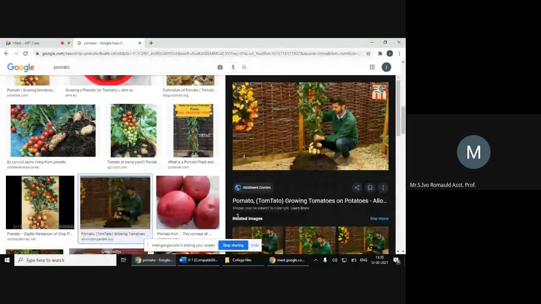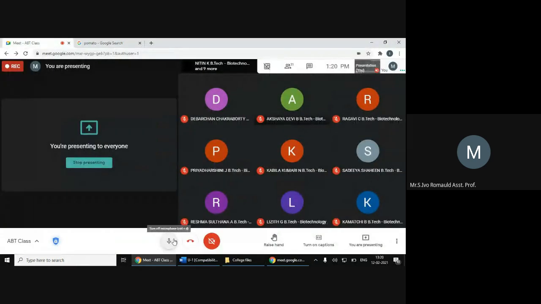You can also browse and see. Yes, sir, they used to mix tomato and potato in the same plant to grow both things, the same thing, in agriculture.